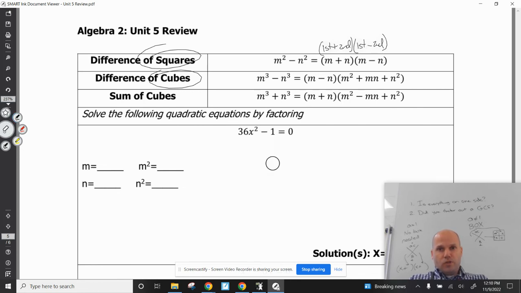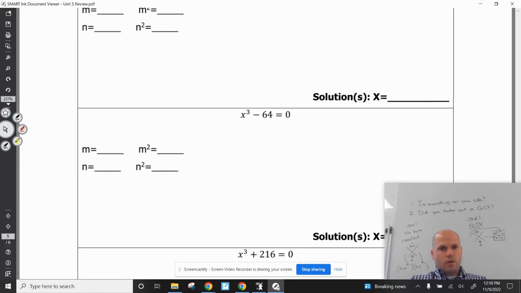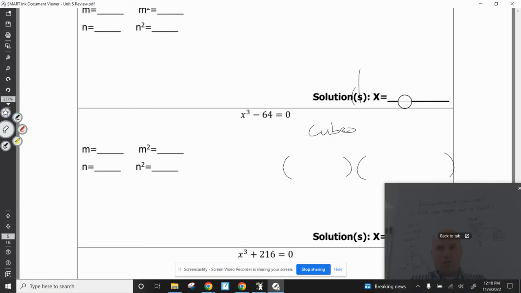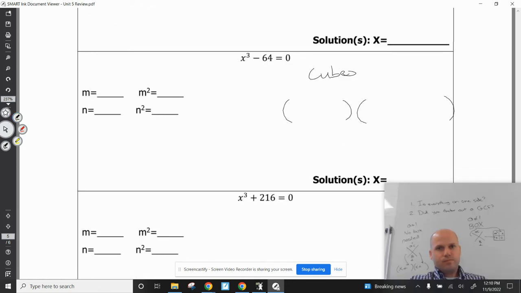Yo, cubes. I'm going to write your cube rule. Cubes. Here's what you're going to do. 2 sets of parentheses, but they're not the same size. One's bigger than the other. Here's what goes in the parentheses.